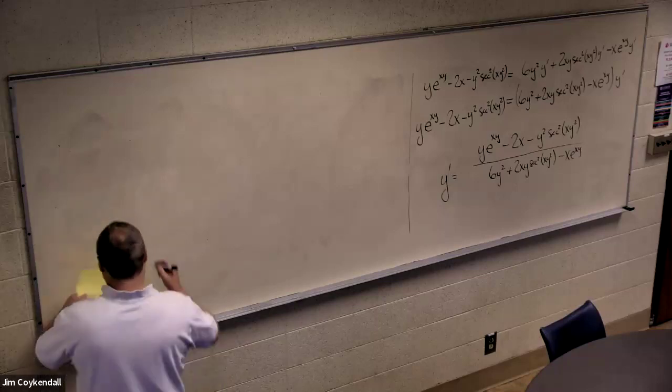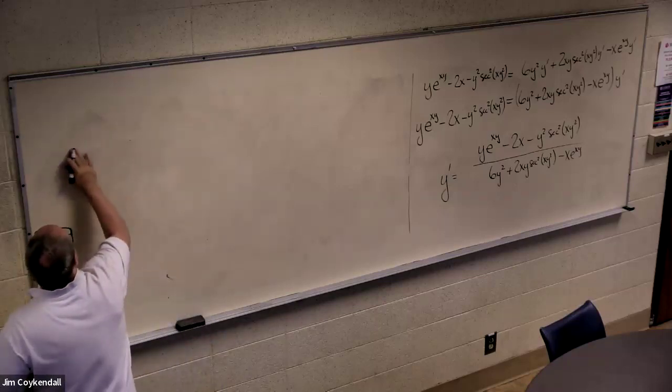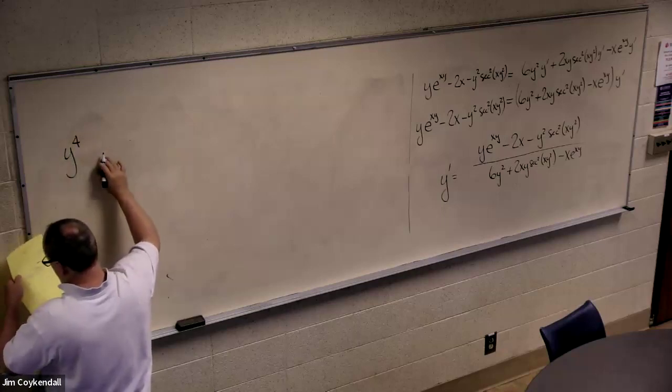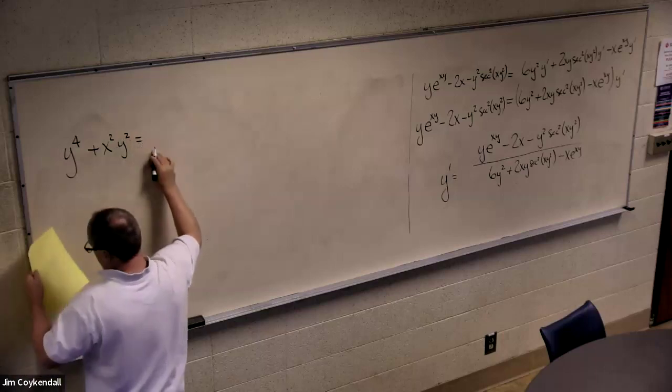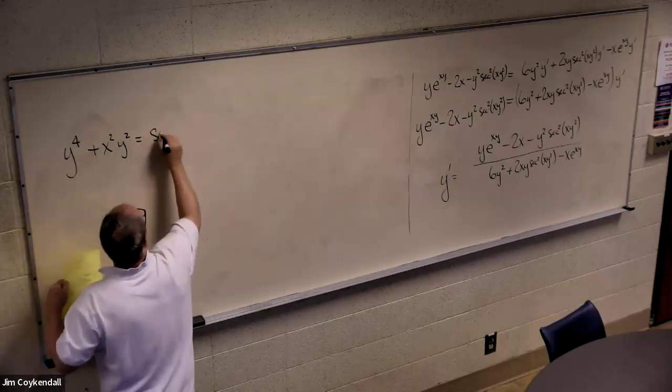We give you this equation here. So this function y is defined implicitly: y to the fourth plus x squared y squared is sine of (x plus y).